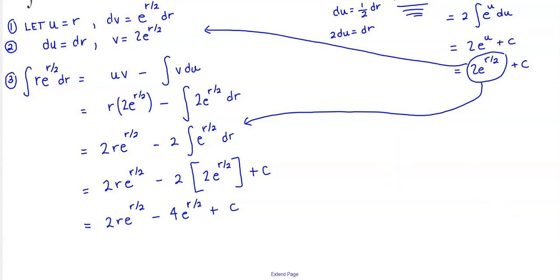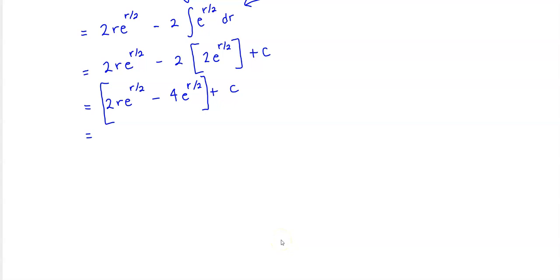And if we wanted to factor this, we can factor out a 2 and an e to the r divided by 2. So we would say the following. If we wanted to factor out just this portion and leave c by itself, that means we would do the following.